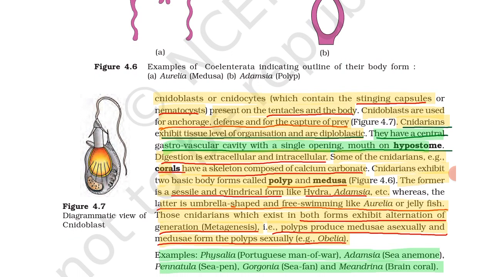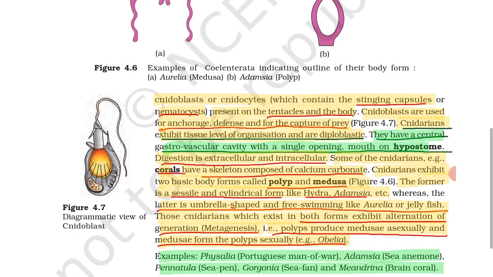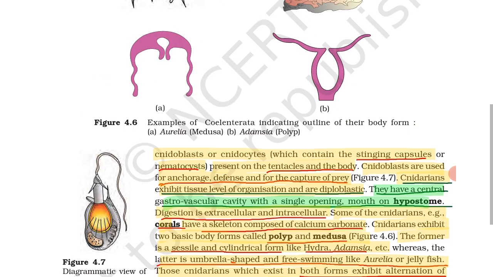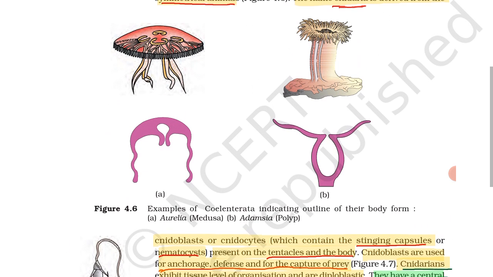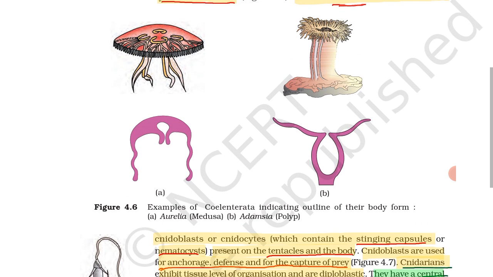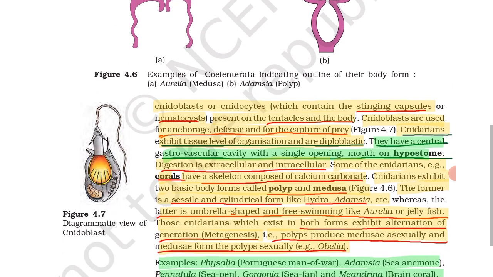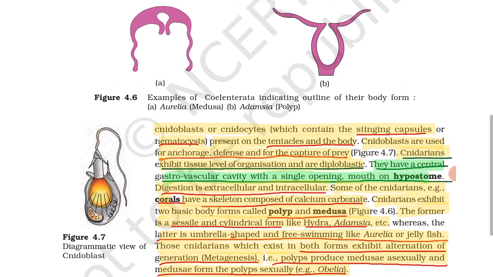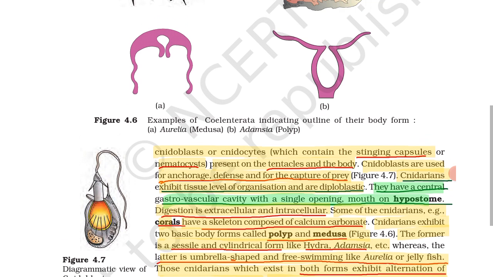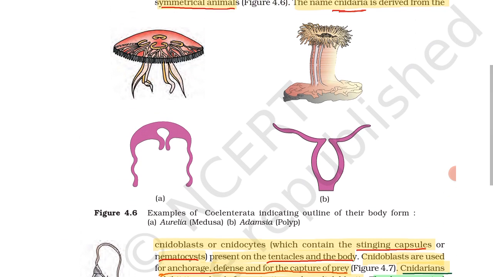So see about adamsia. The adamsia is like sessile or cylindrical body form. So see in diagram B, they are having a cylindrical body form and it is sessile, and their body form is like hydra and adamsia. They show cylindrical and sessile body form like hydra and adamsia.